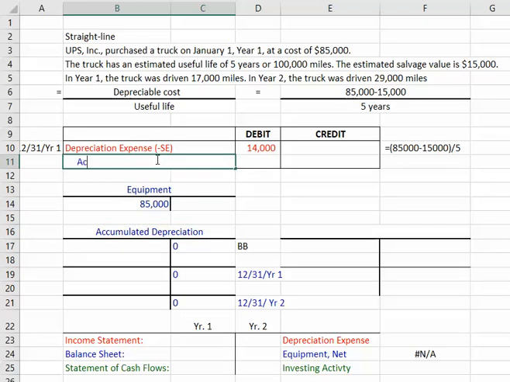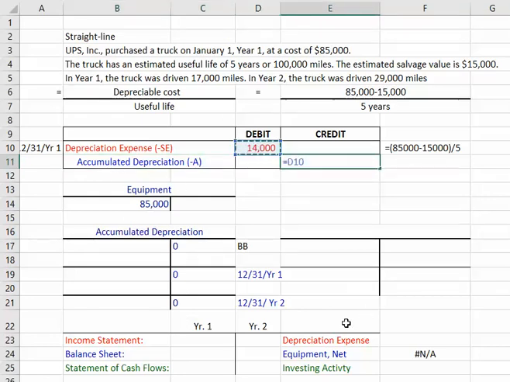Credits make assets go down. Again, this is referred to as a contra asset account because it has a normal credit balance, unlike most other assets. So same amount. Let's go ahead and post it.